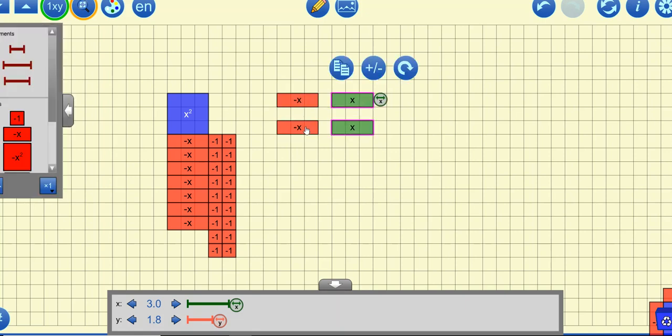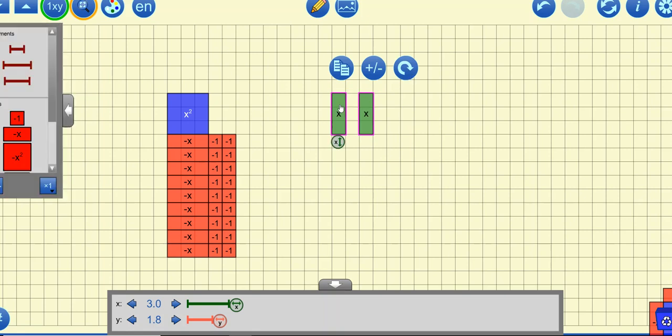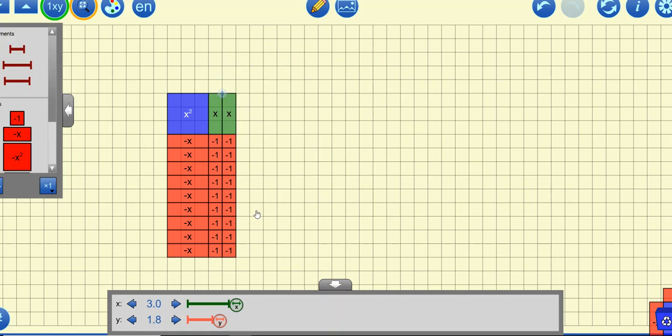But what I can now do is complete my negative line, and then these two can go here. And I have a nice rectangle, and I have consistent positives and negatives on row and column.